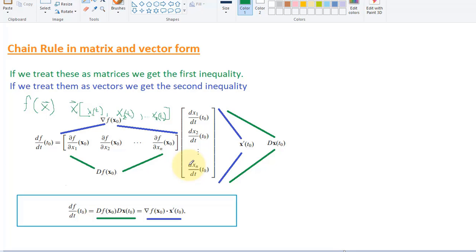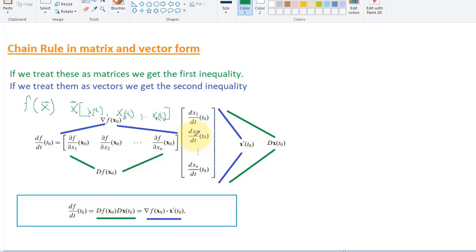So we can say the chain rule can be expressed in two ways, because we can think of this as a matrix, or we can think of it as a vector. If we think of it as a matrix, multiplying this row matrix times this column matrix, then as we said earlier, we would call this the derivative of f, because we're thinking of it as a matrix.